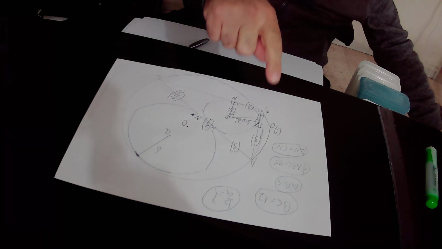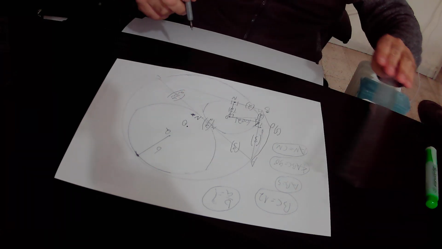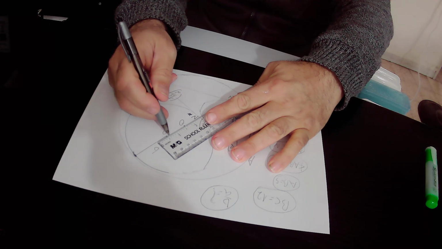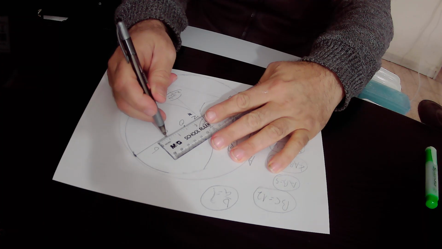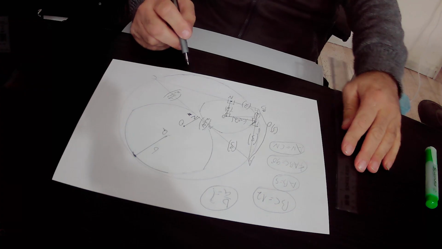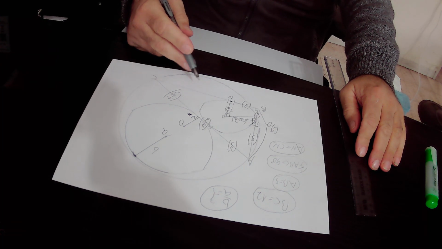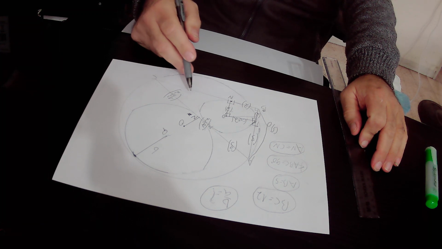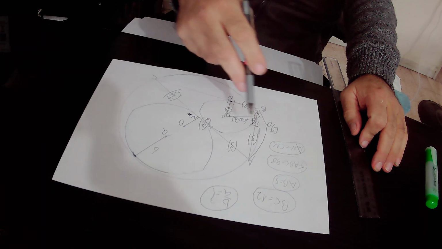The center of the biggest circle is here at point O. We join points O and N together by a straight line. So line segment ON starts from point O, that is the center of the biggest circle, and ends at point N. So ON bisects chord AC.